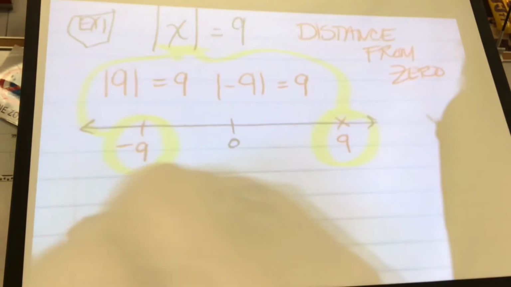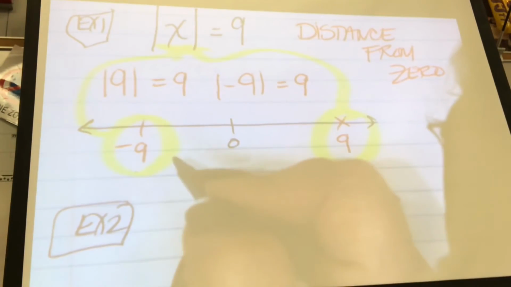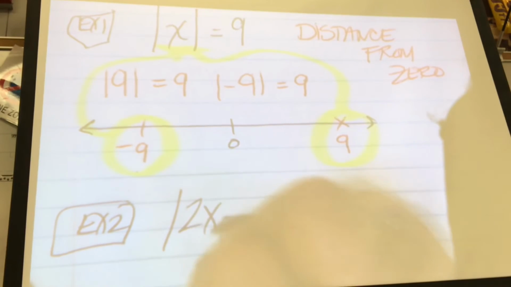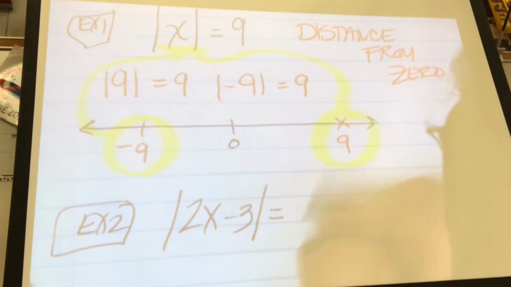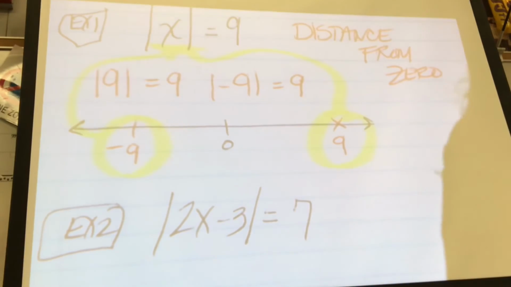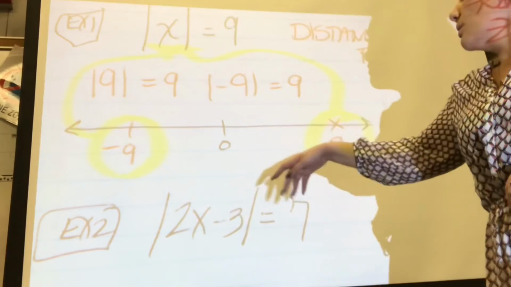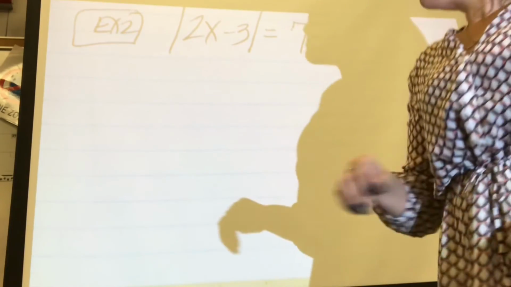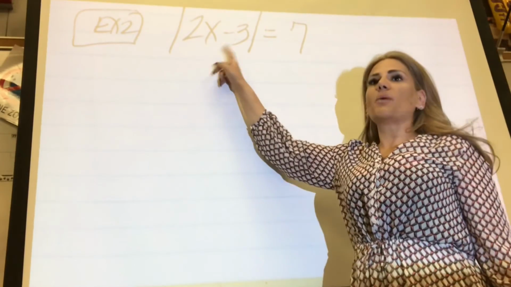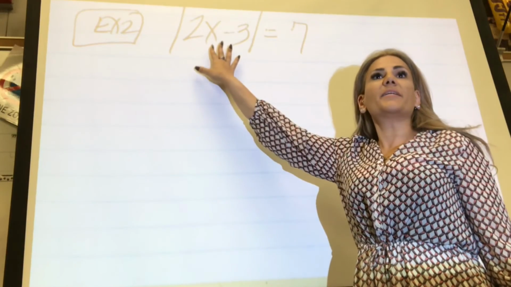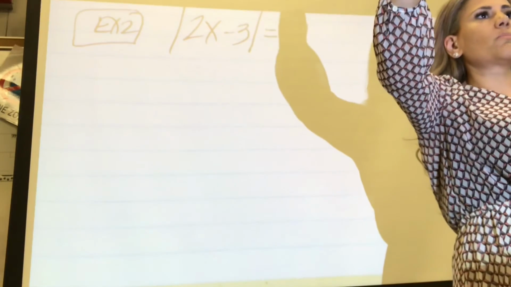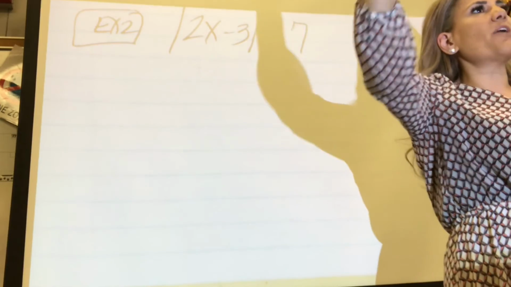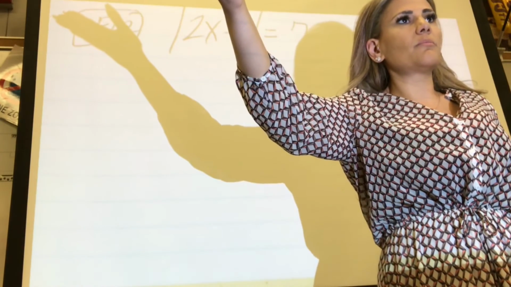Example 2 is what you're going to be doing on tonight's homework. You're going to be doing something like this. Absolute value of 2x minus 3 equals 7. Thank you. So that means I have 2 options here. The inside can be 2 answers. What is the absolute value of 7? 7.